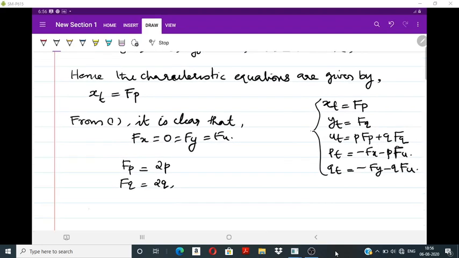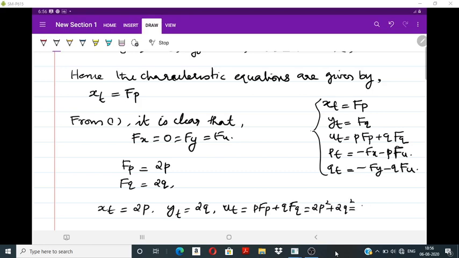Therefore the characteristic equations are given by x t equal to 2p, y t is equal to 2q, and the derivative of u with respect to t is equal to p f p plus q f q, which is p into 2p, that is 2p square, plus 2q square, that is 2 into p square plus q square.